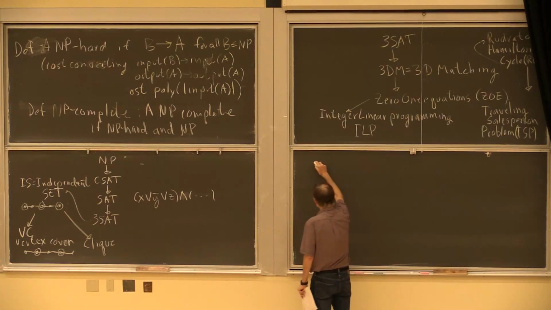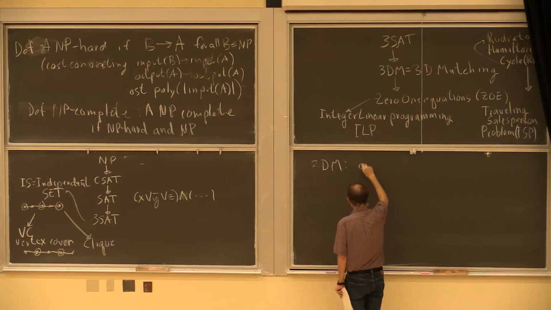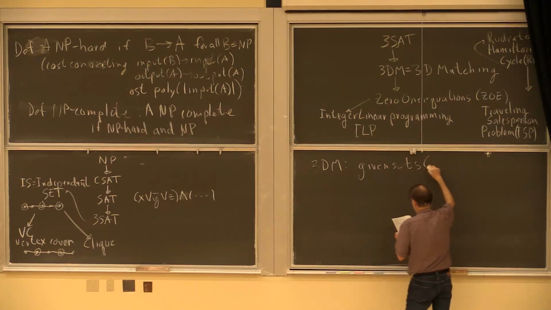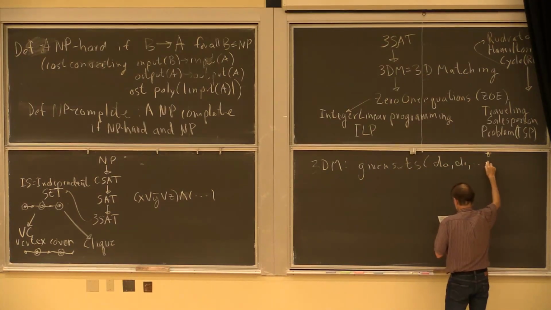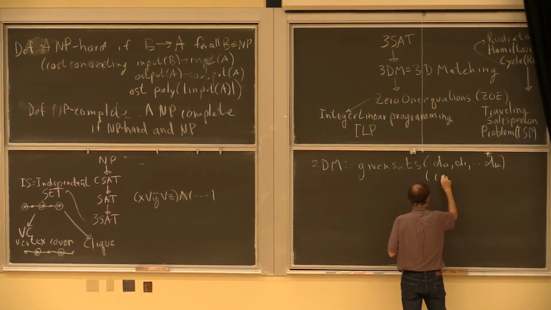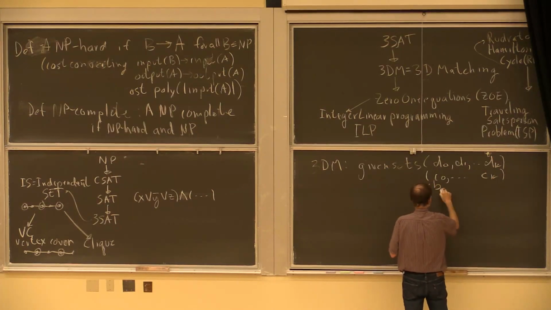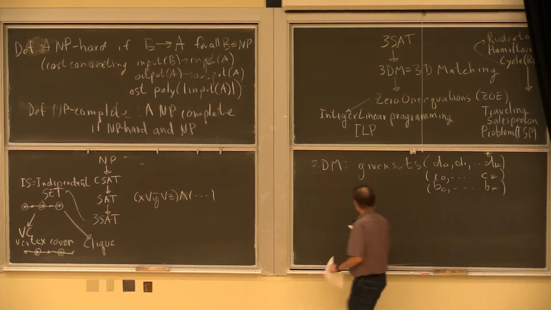So here's the definition of 3D matching. I'm given some sets D, C, and B of objects, and they all have the same number, k plus 1. And I also have triples.